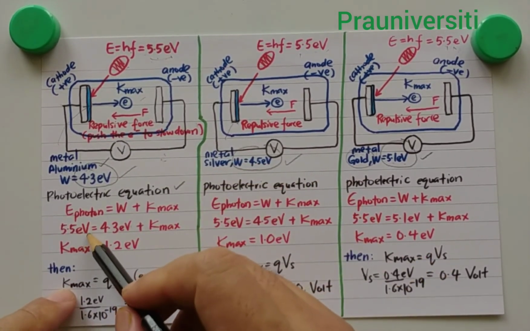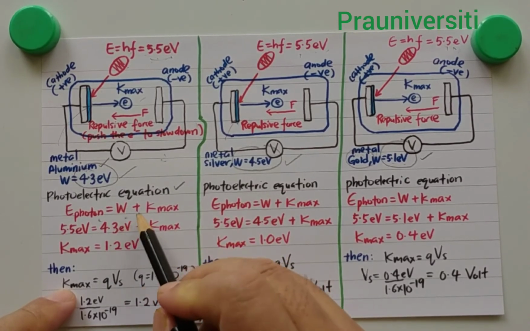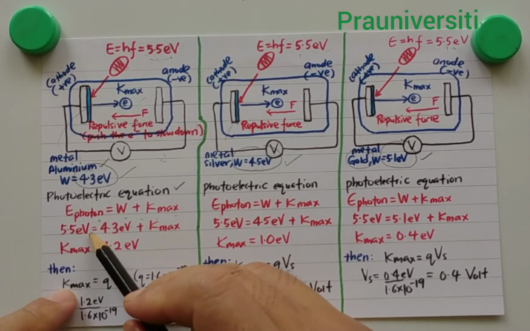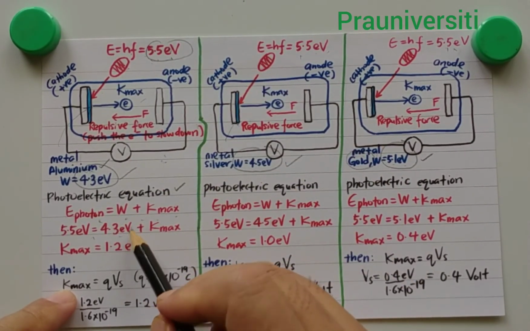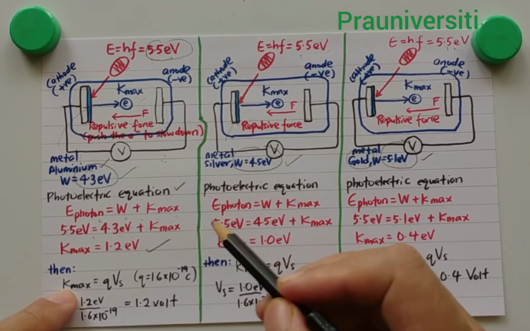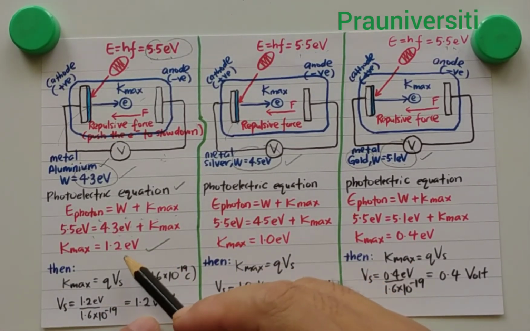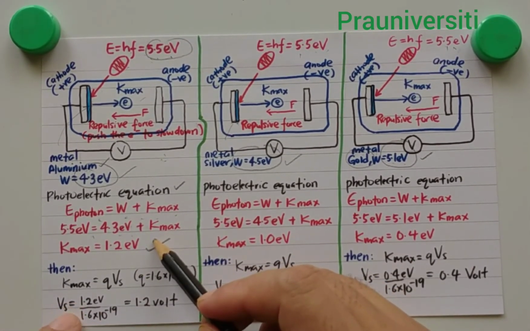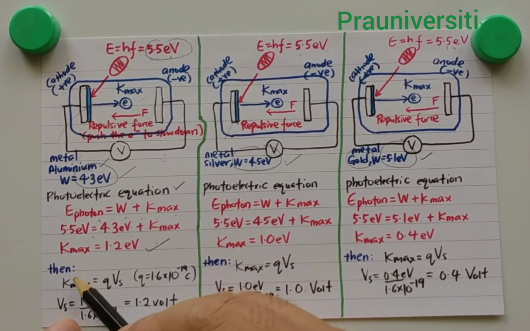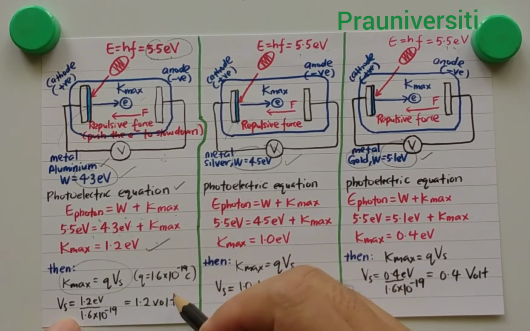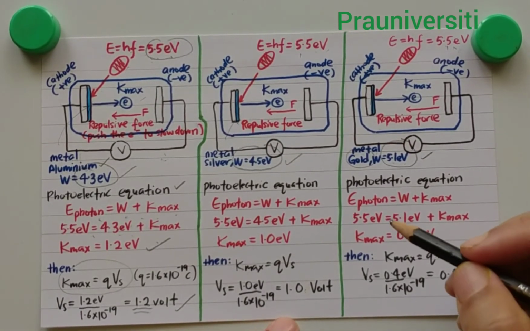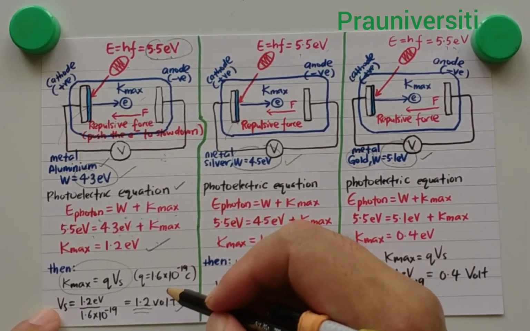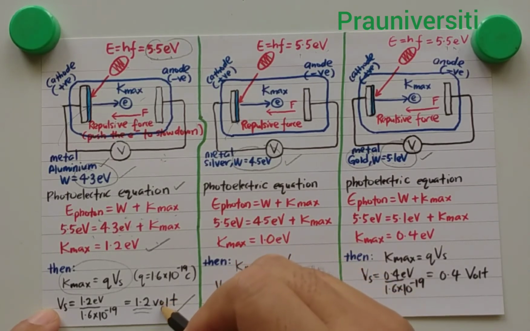So the energy of the photon equals the work function plus K maximum. 5.5 electron volts is the energy of the photon, and 4.3 electron volts is the work function. That means we get the maximum kinetic energy of 1.2 electron volts. K maximum is equal to eVs, so we finish the calculation and have 1.2 volts.